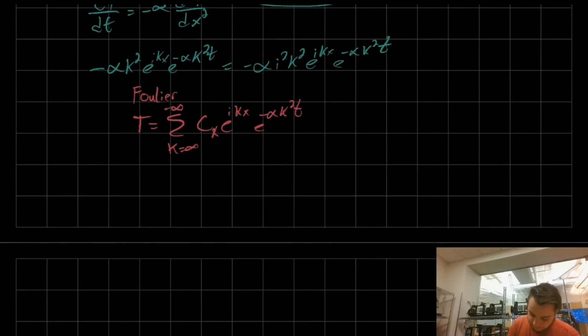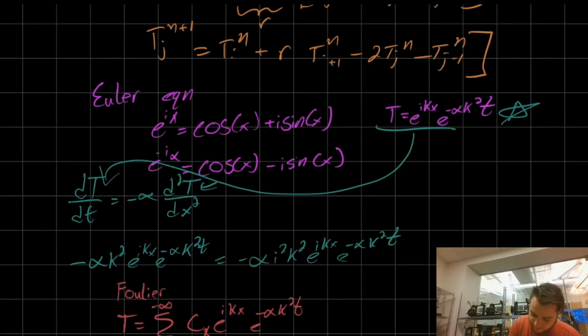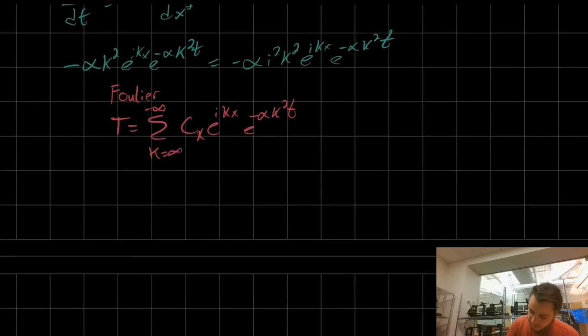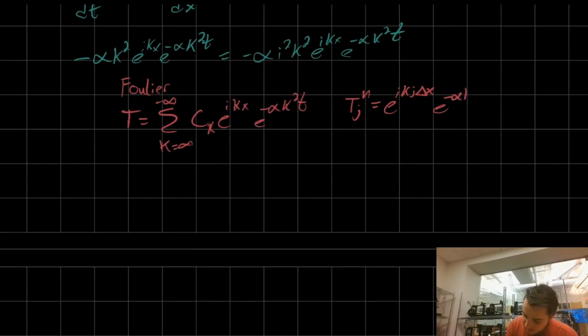So what we can do now is put that into the form of this. T to the n at j is equal to e to the ikj delta x, e to the negative alpha k squared n delta t.